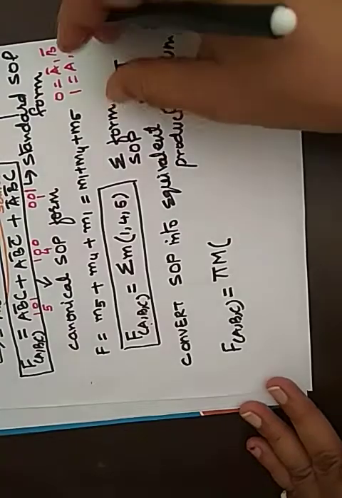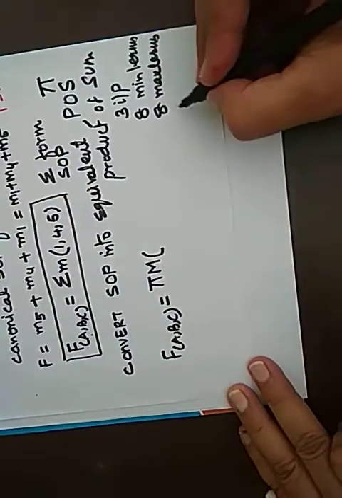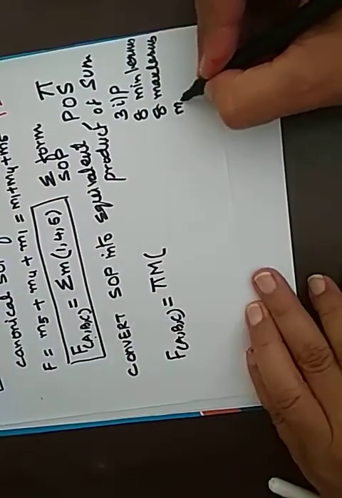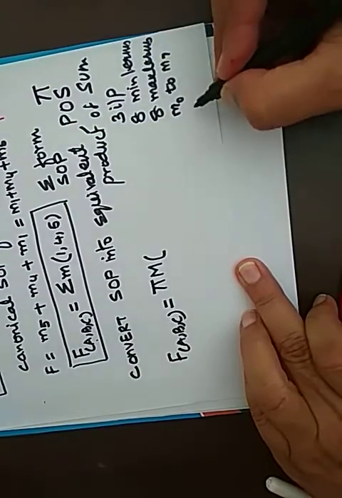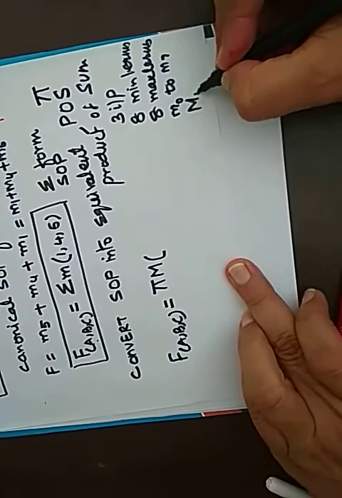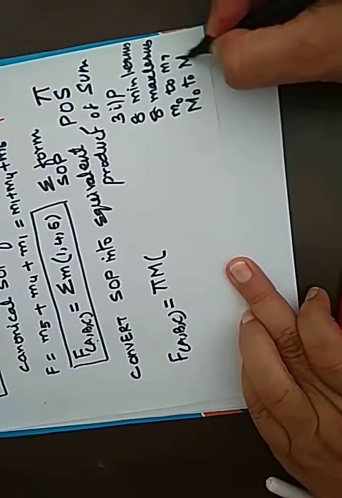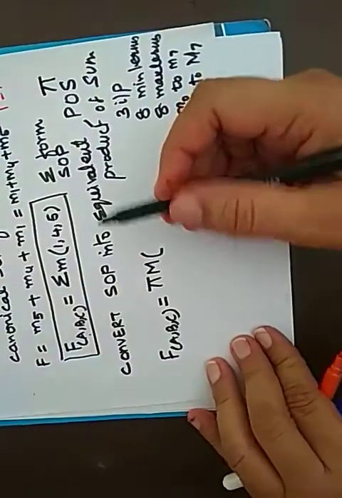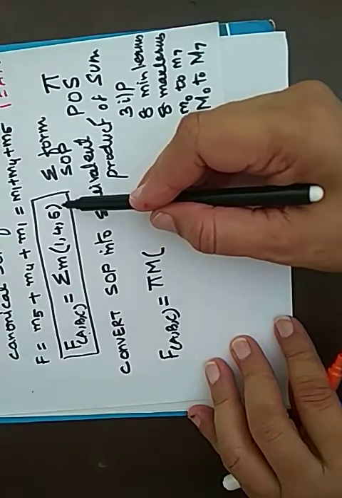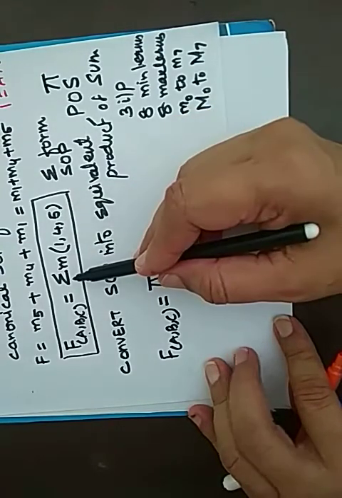And what are those max terms and minterms? They are from M0 to M7, or max terms would be M0 to M7. So the remaining max terms 1, 4, 5 are included in the sigma function.